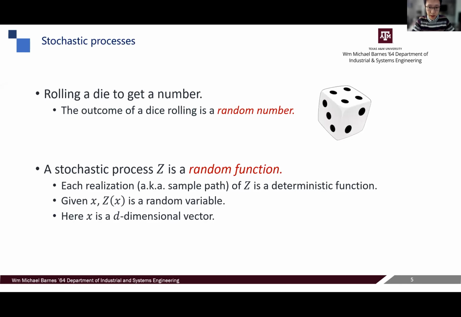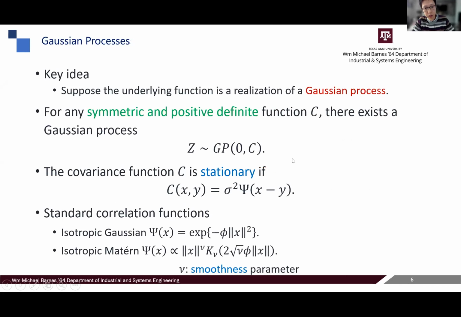So that's why we can consider a stochastic process as a prior for a deterministic function. And the model that I'm going to introduce in this talk is the so-called Gaussian process model. This Gaussian process model depends on two parameters, the mean and the so-called covariance function.